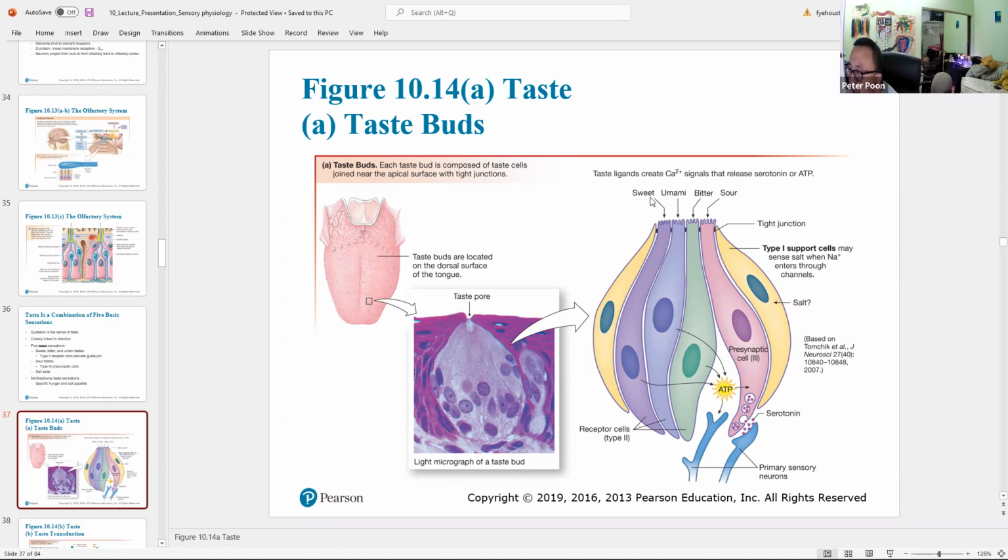The sweet receptor, for example, will bind sugar molecules. The bitter receptors bind things that are bitter, like caffeine. Umami binds monosodium glutamate. Sour binds H plus, and it triggers a response.